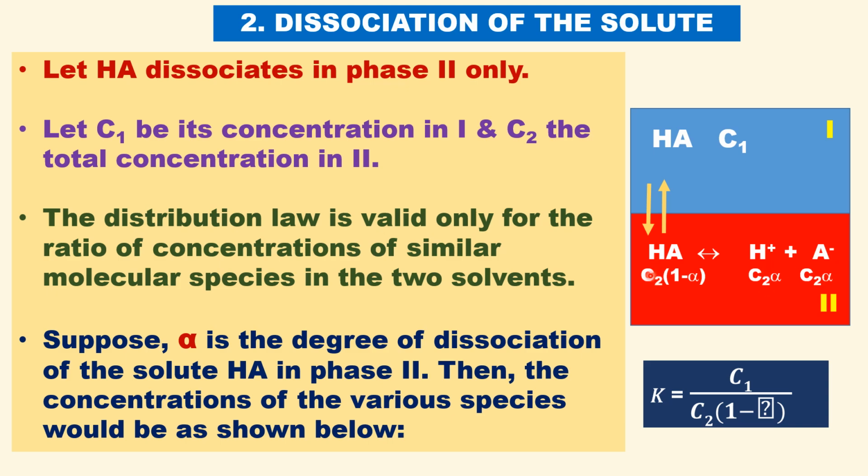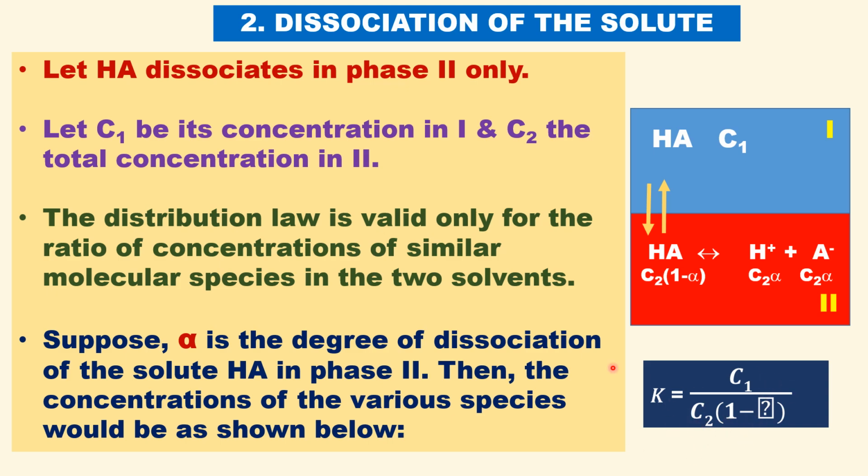We have taken total concentration C2, therefore C2 (1 minus alpha) undissociated and C2 alpha dissociated. K equals concentration of undissociated HA, which will be C2 (1 minus alpha) at equilibrium. Therefore K equals C1 by C2 (1 minus alpha), where alpha is the degree of dissociation of the solute in phase 2.